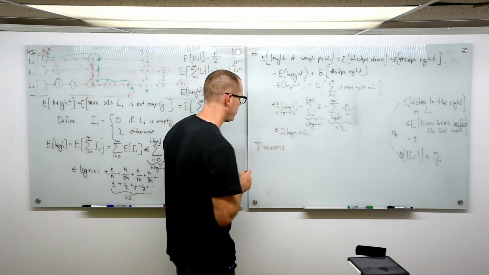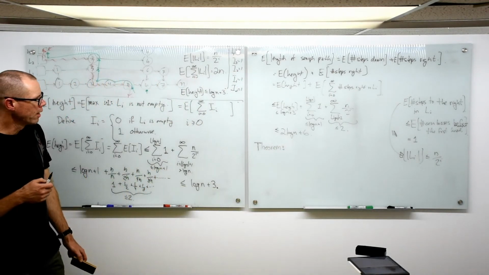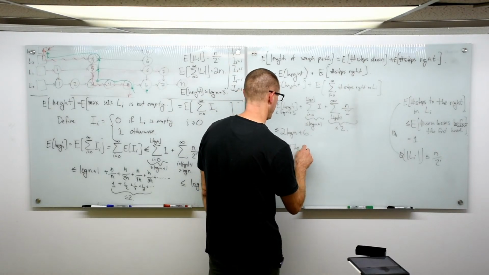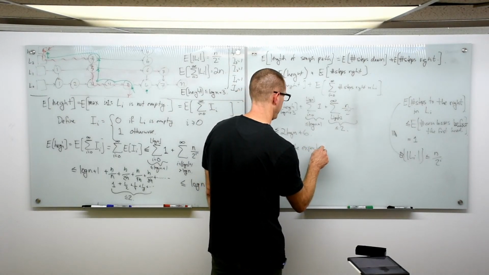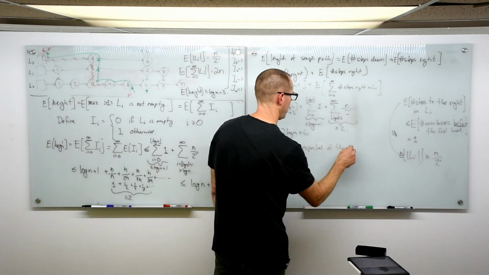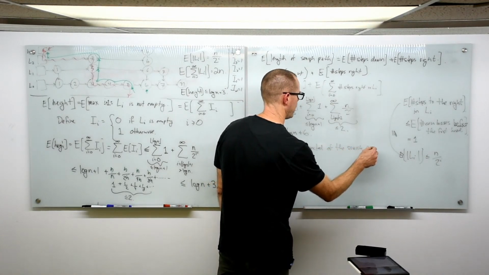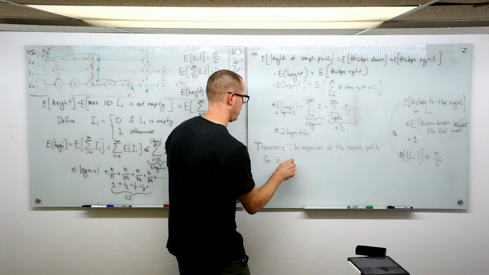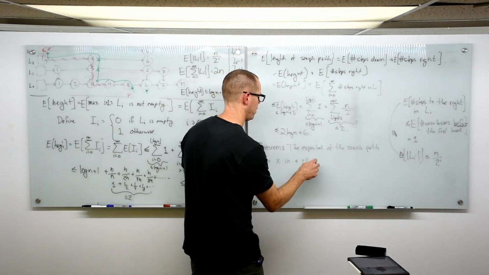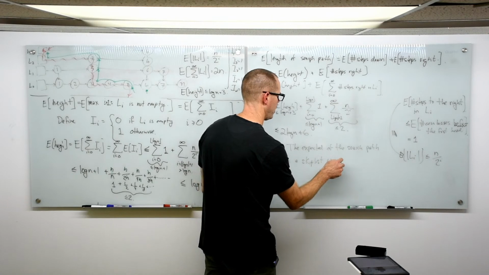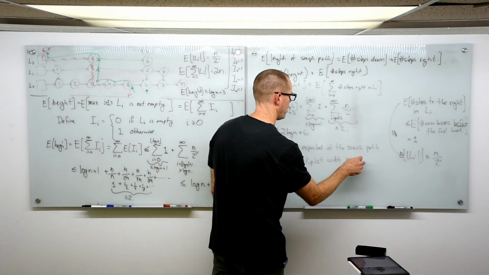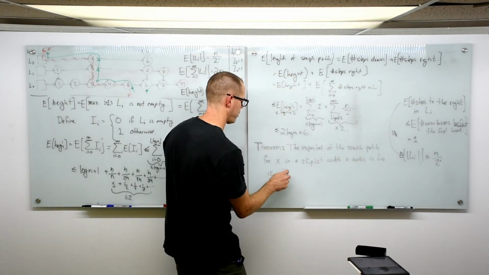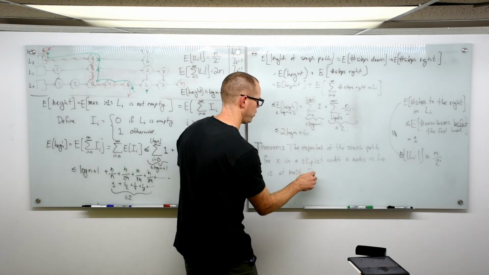I mean, somehow the only difficult thing about skip lists is this theorem that tells us the expected length of the search path for x in a skip list with n nodes in L0 is at most 2 log n plus 6.